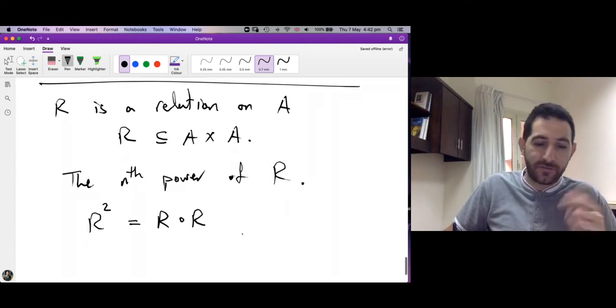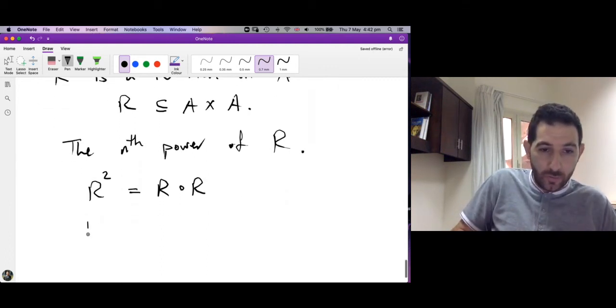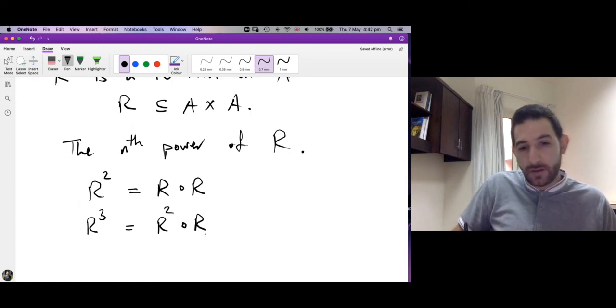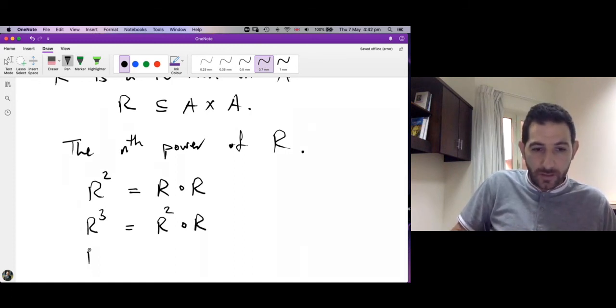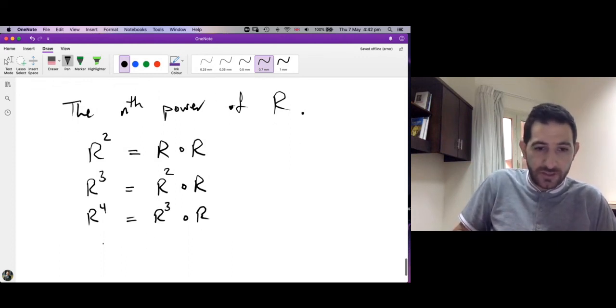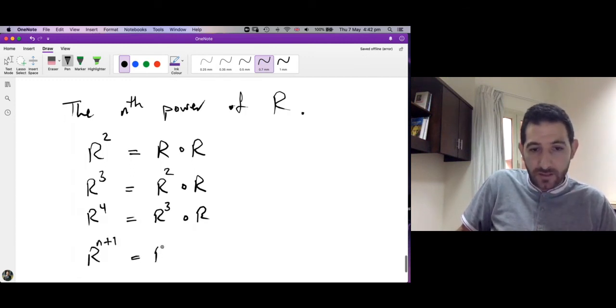So it will be a relation from A to A. Now R cubed is the composition of R squared after R. So first apply R and then R squared. R to the power 4 is R cubed composed with R, and so on. So in general, R to the n plus 1 power is R to the nth power composed with R.